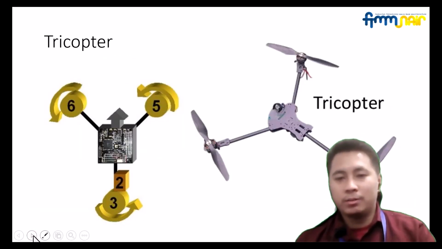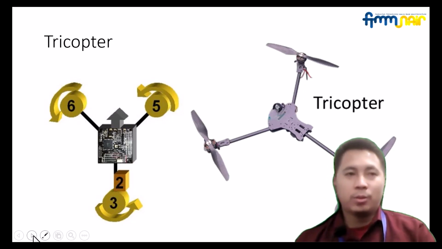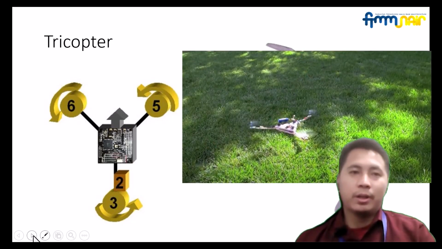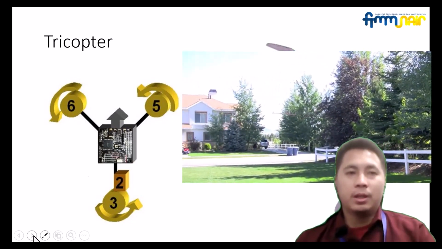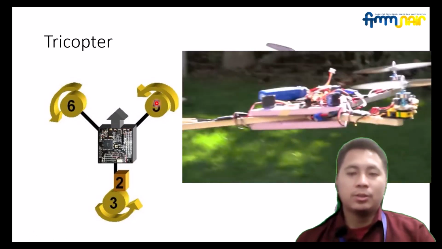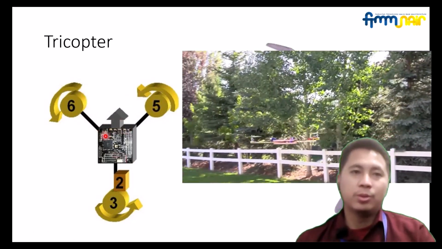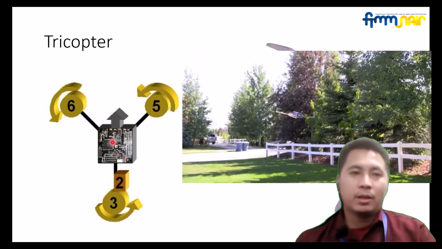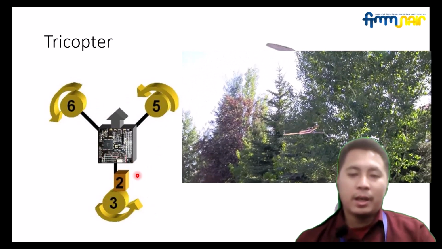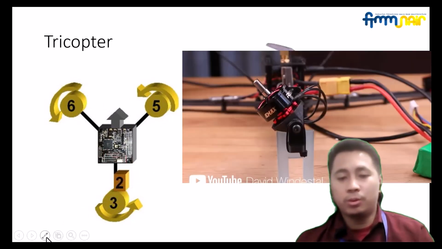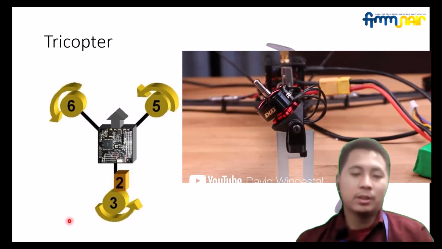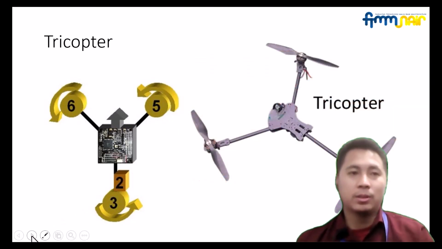And the tricopter, based on the name, has three rotors, typically in Y shape, sometimes in T shape. It has 120 degrees apart between the legs, and on the back it has a servo to tilt the rotor, so that it can stabilize.